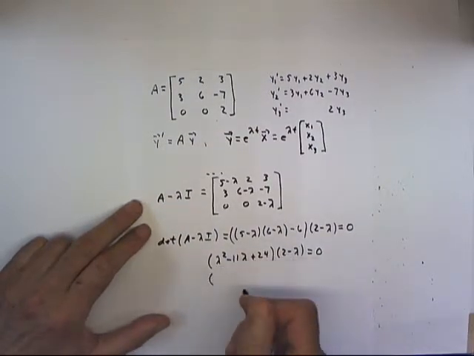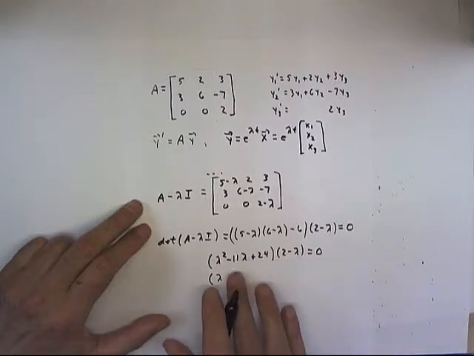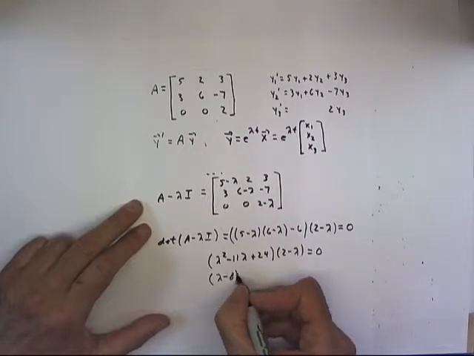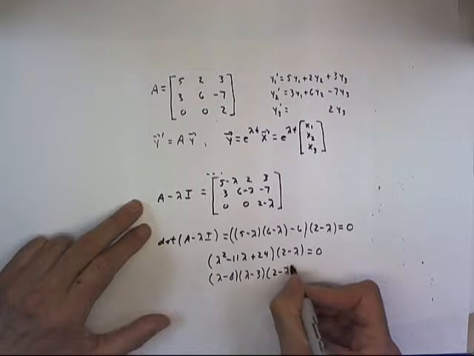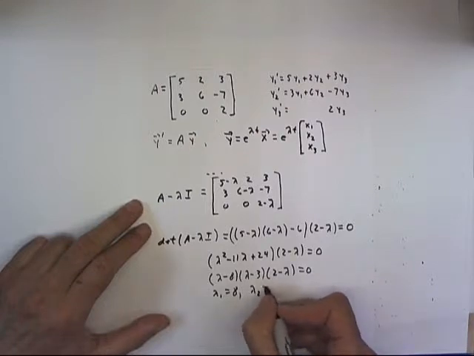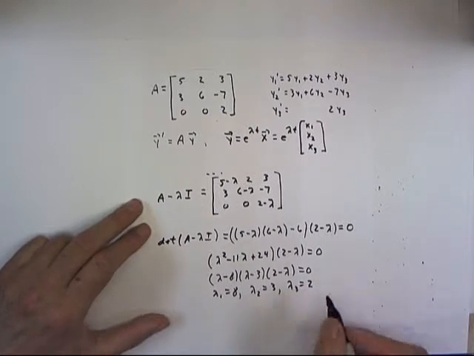This factors, and remember, if it doesn't factor we can always use the quadratic formula, but in this case it factors into lambda minus 8 times lambda minus 3 times 2 minus lambda equals 0. So we get 3 solutions. Lambda 1 equals 8, lambda 2 equals 3, lambda 3 equals 2.